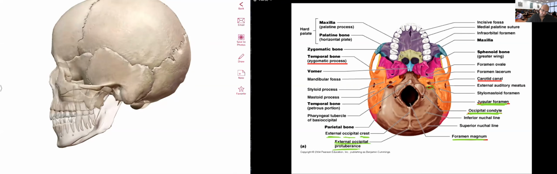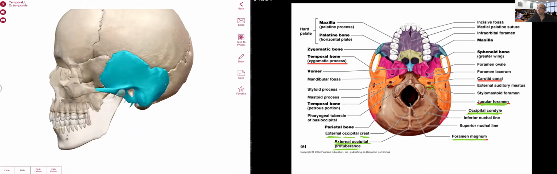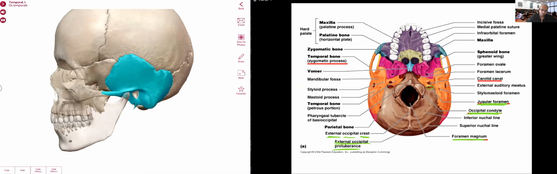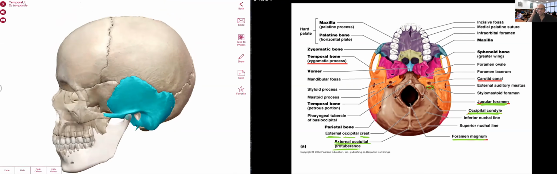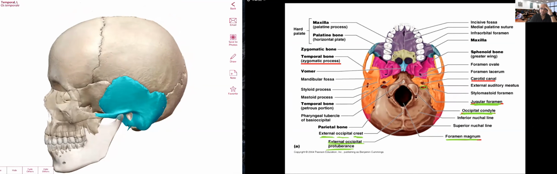All right, so moving on to another cranial bone. This is gonna be my what bone? Can you remind me what do we call this bone on the side, where you get the first gray hair?